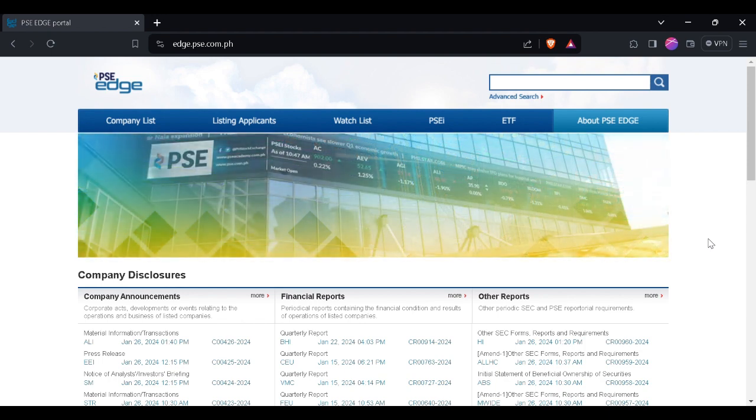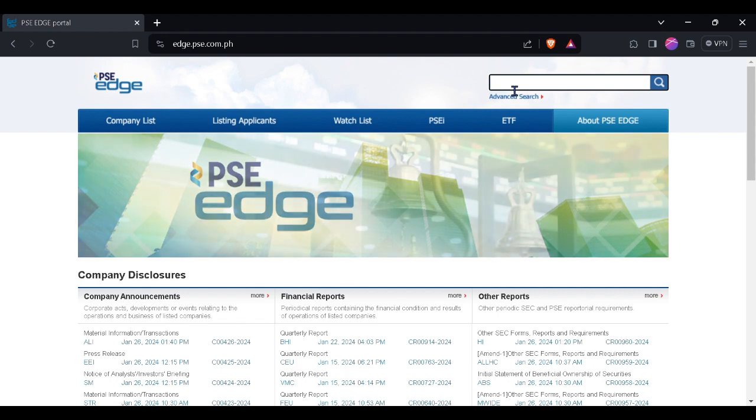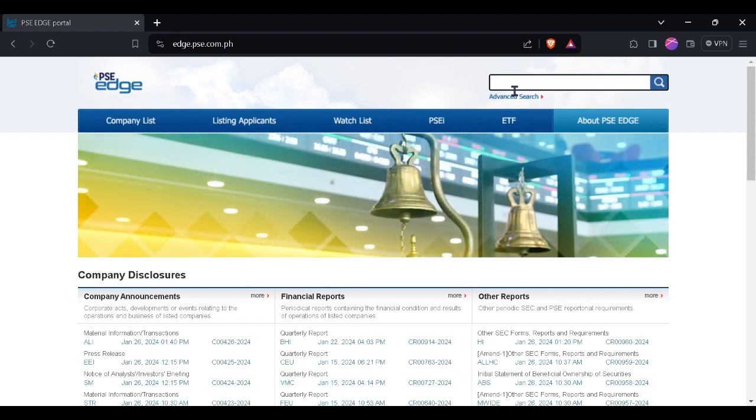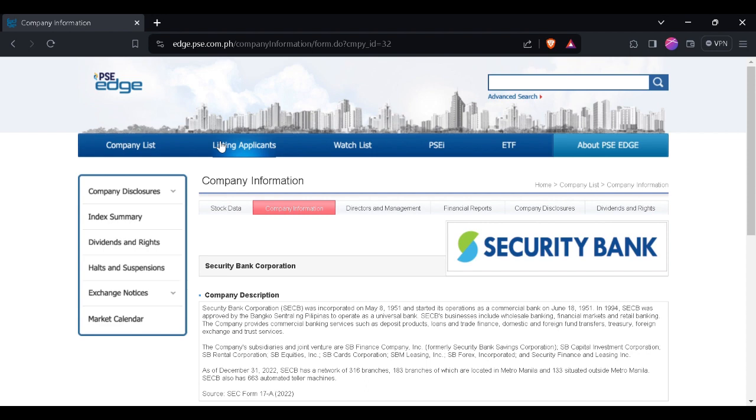So let's now proceed with an example of how we compute the price to book ratio. Using the PSE Edge website, the Philippine Stock Exchange Edge website, let's compute the price to book ratio of Security Bank, ticker symbol SECB.